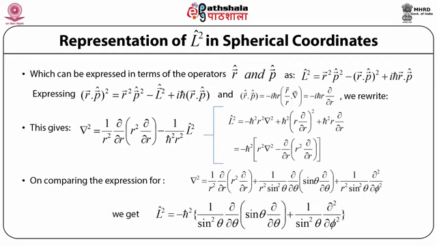So on comparing these expressions, we get the expression for del square as del square is equal to 1 by r square times del by del r, that is partial differentiation with respect to r, times within brackets r square del by del r minus 1 by h cross square times r square whole times operator L square.